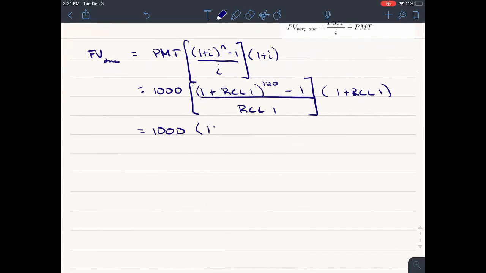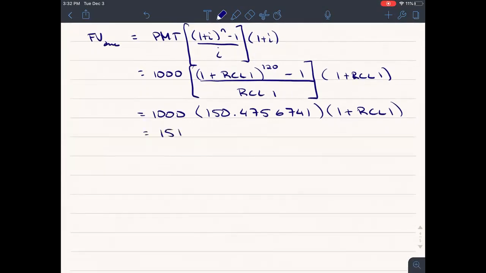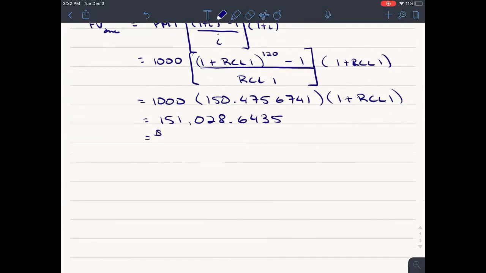This would be 1,000 times 150.475671, and then times 1 plus i1. Times 1 plus i1 and then times 1,000, I get 151,028.6435. So in money, that's $151,028.64.